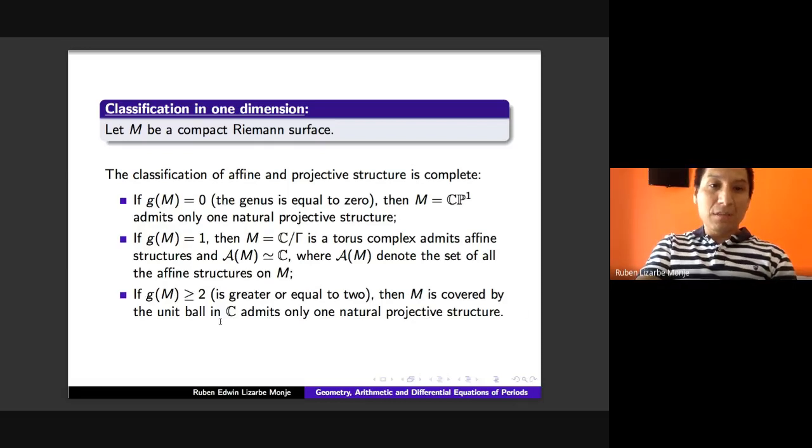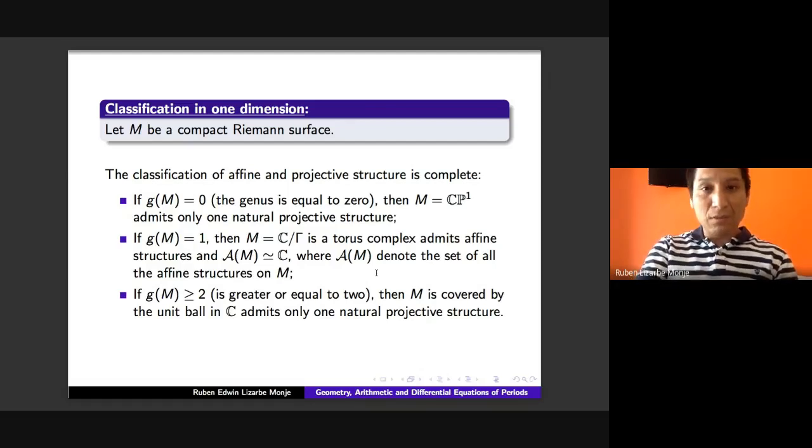So there are only three possibilities. Only the complex torus admits an affine structure in dimension 1. So the problem is in dimension 2, where it is not easy, because it needs a new definition.